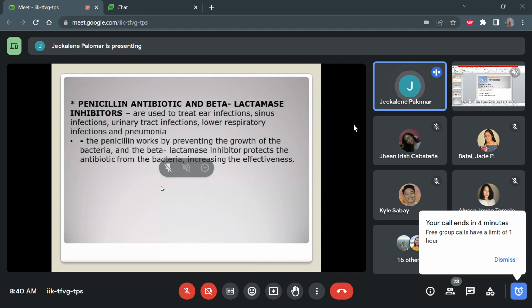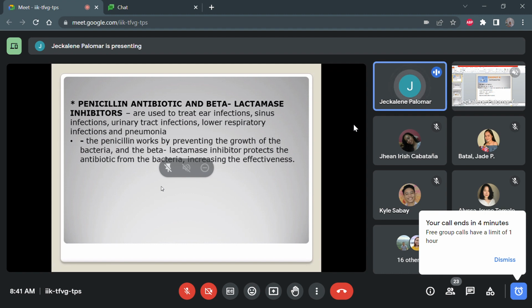So next, let's proceed to the next class of antibiotic. The third group of antibiotic is penicillin antibiotics and beta-lactamase inhibitors. It is used to treat ear infections, sinus infections, urinary tract infections, lower respiratory infections, and pneumonia.